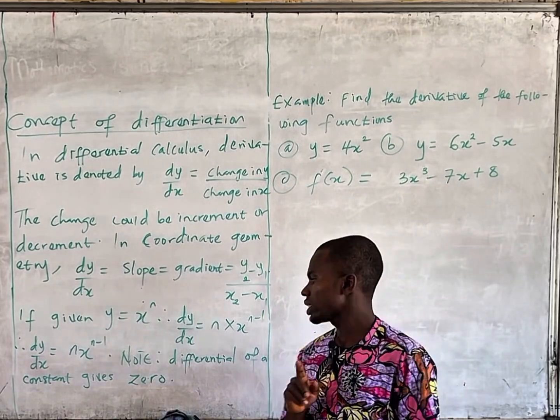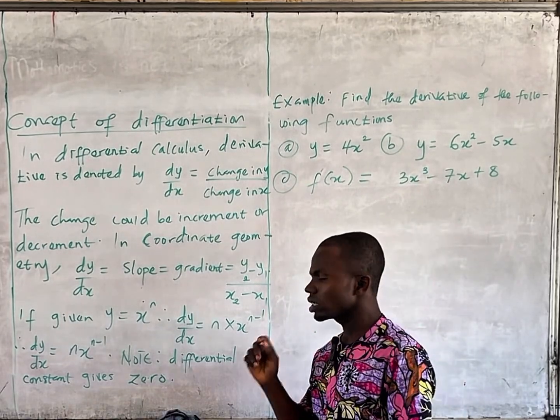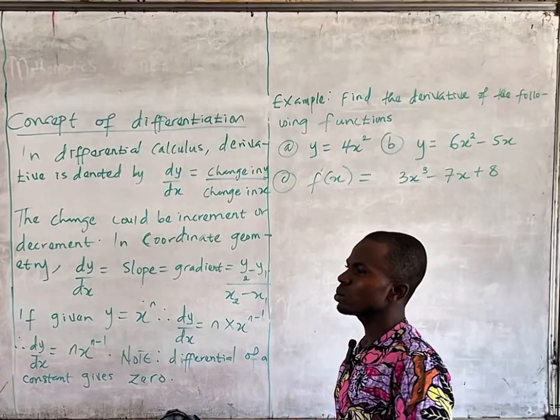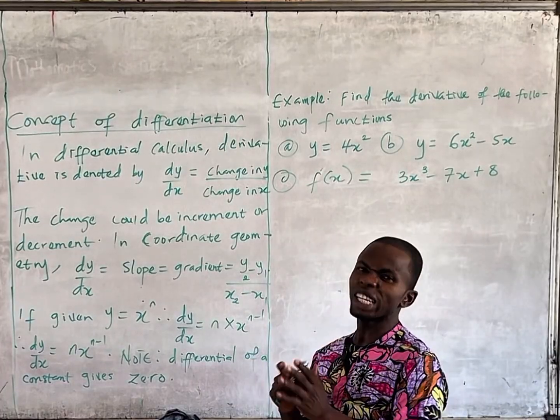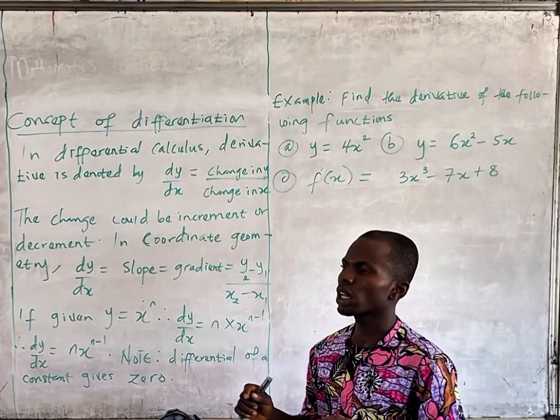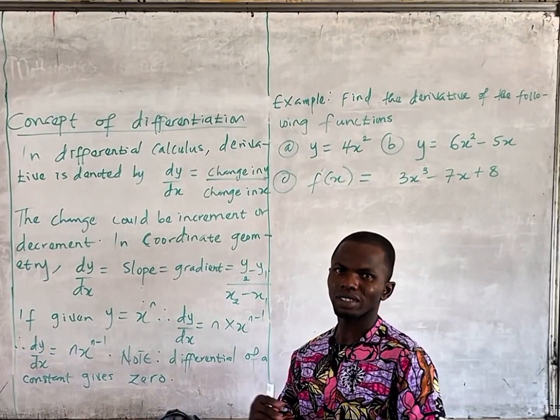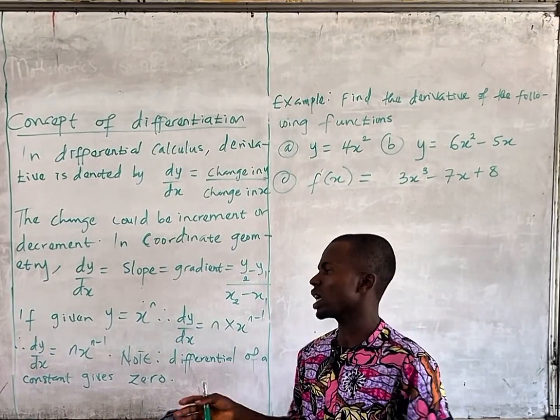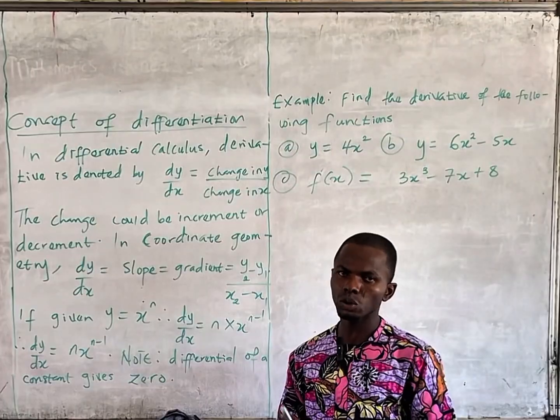Note that the differential of a constant gives 0. A constant is a number without any variable, let's say 2, 5, 7. If you differentiate it, it gives 0.